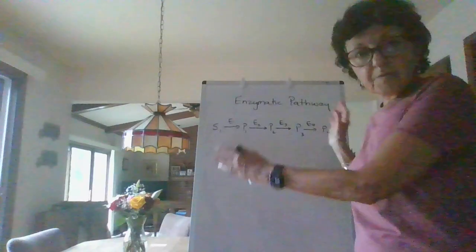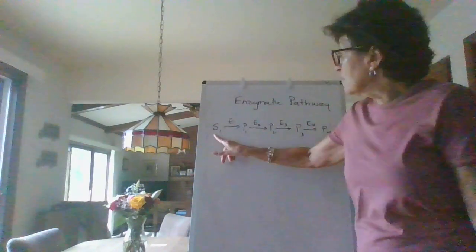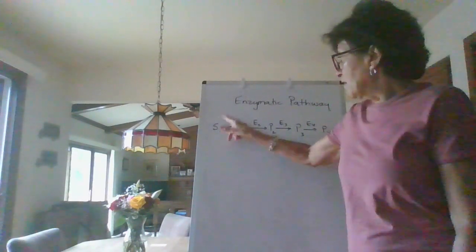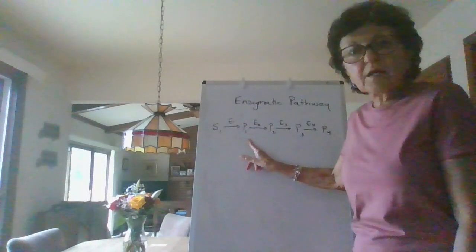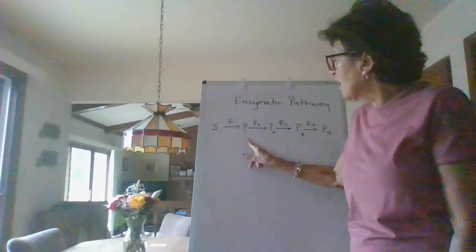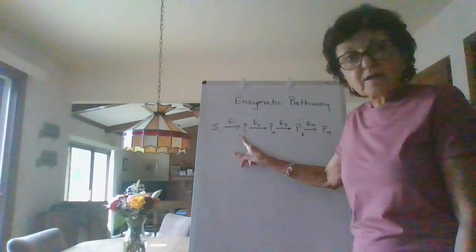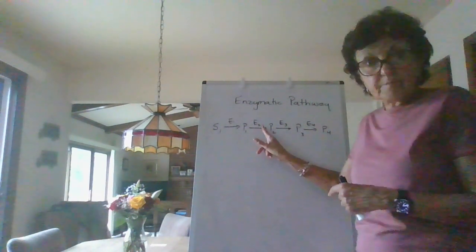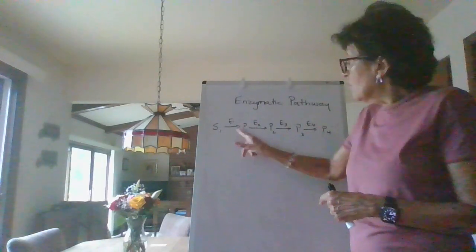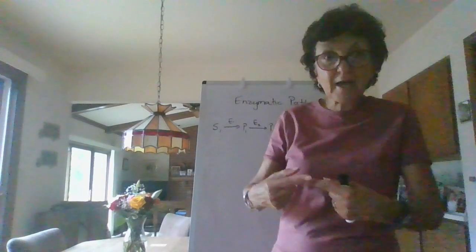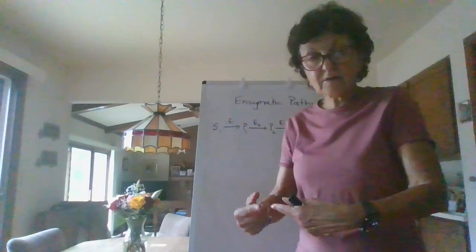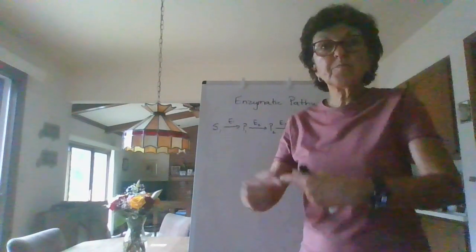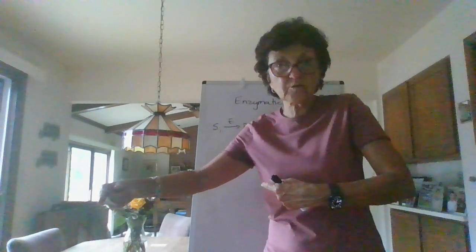All right, so in this hypothetical pathway here, this substrate, because of this enzymatic reaction, becomes product number 1. But then this product number 1 becomes the substrate for enzyme number 2. So the idea of a pathway is that the product of one reaction becomes the substrate of the next reaction.